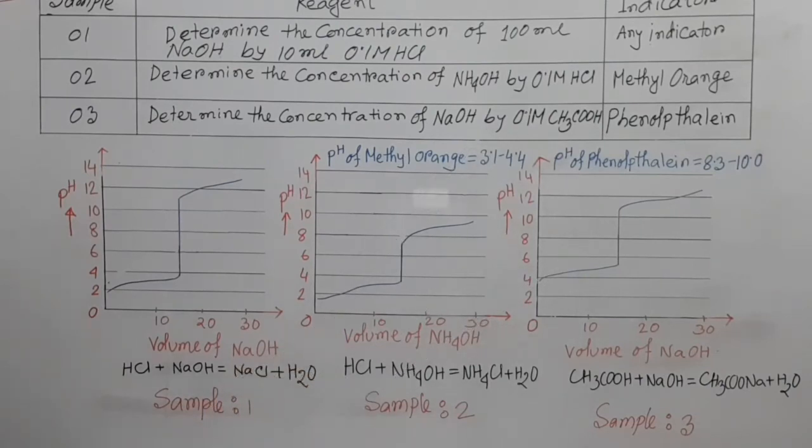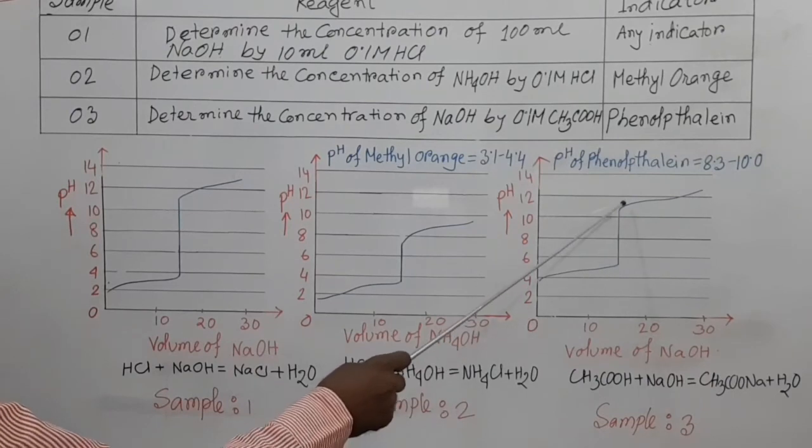We see that if we add sodium hydroxide gradually, the pH increases, and near the point of 6, if we add more sodium hydroxide solution gradually, then the pH shifts from nearly 6 to 11.